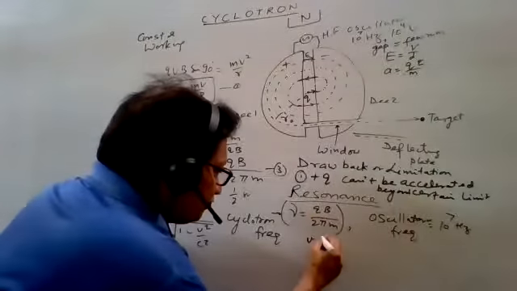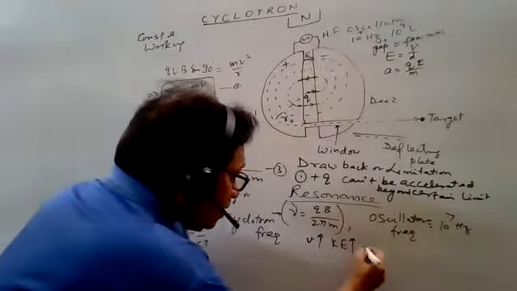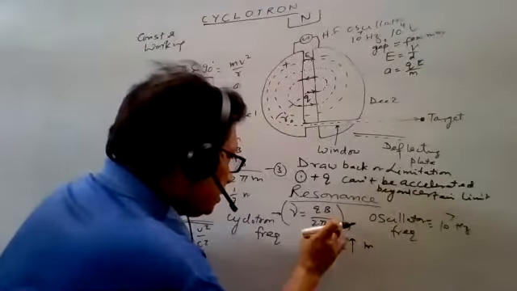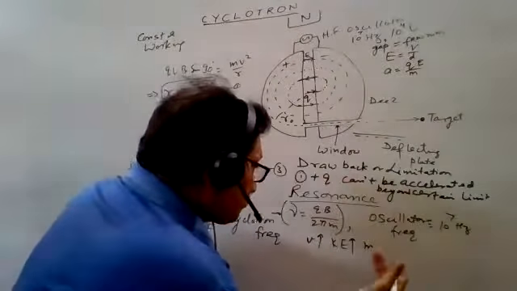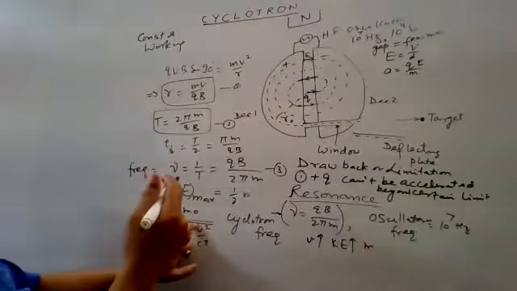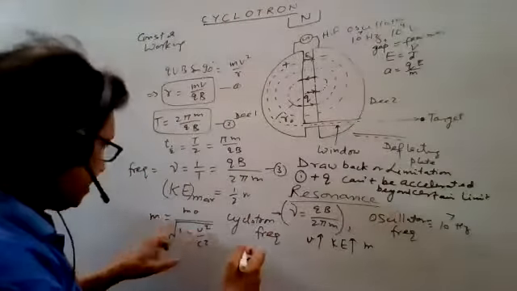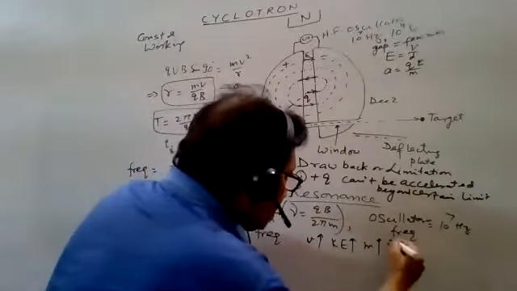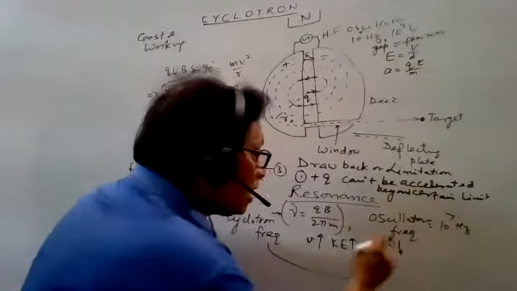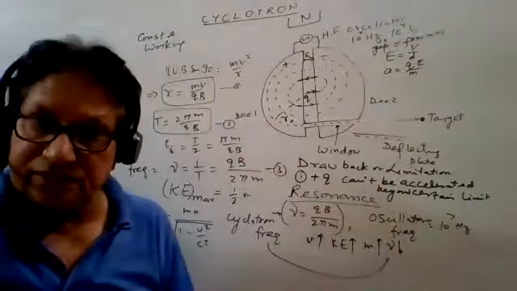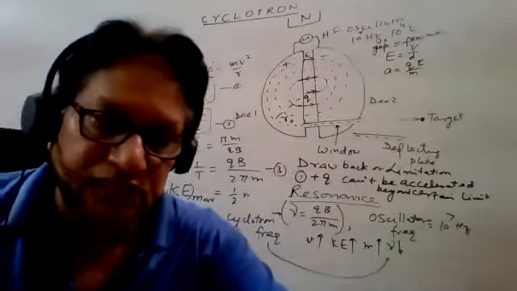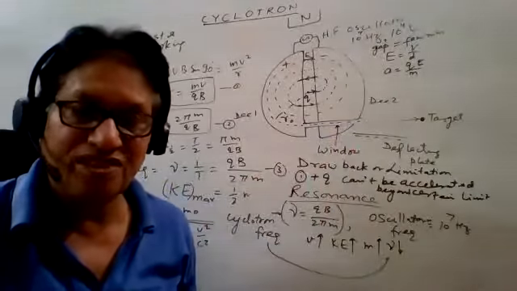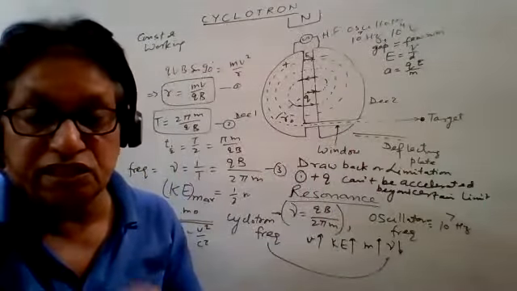Speed increases, kinetic energy increases, v increases, m increases, and the cyclotron frequency decreases. Now it is not matching with the oscillator frequency. In that case there is no acceleration, maybe even retardation. So mismatching means resonance failure.